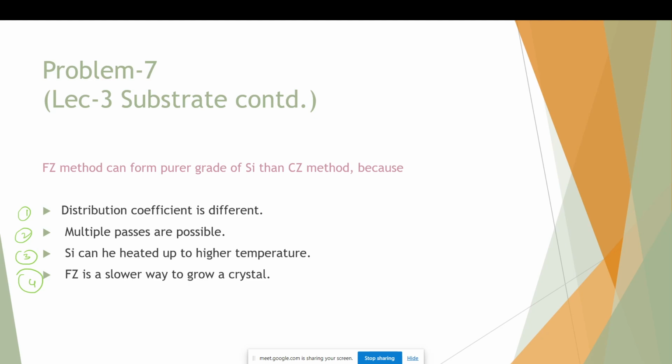Multiple passes are possible. Yes, second option. Okay, that's the correct answer. So in the FZ method, the float zone method, we can keep on purifying the material by melting it again and again. That is not possible in the CZ method.